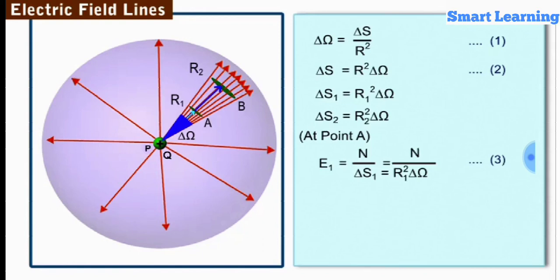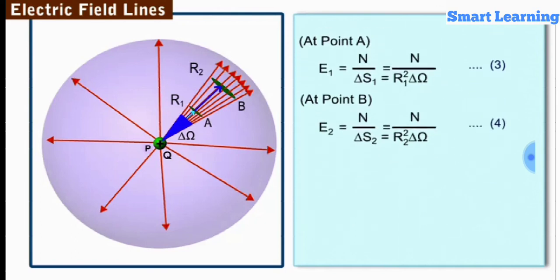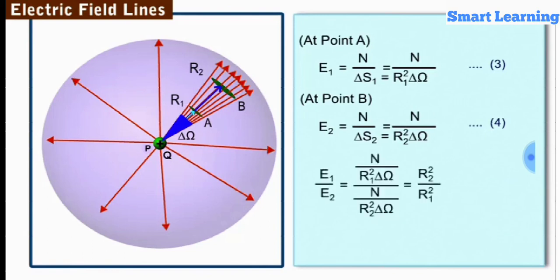Similarly, the electric field strength E2 at B will be equal to n upon delta S2 or n upon r2 square into delta omega. Let us label it as equation 4. If we divide equation 3 and 4, we see the ratio of electric field strength at A and B is equal to r2 square upon r1 square.